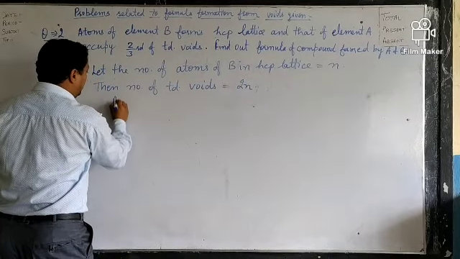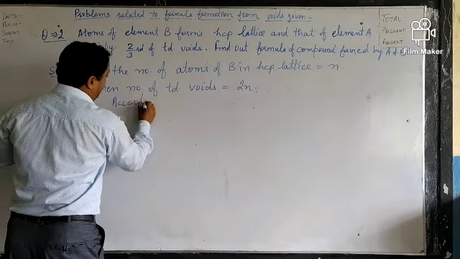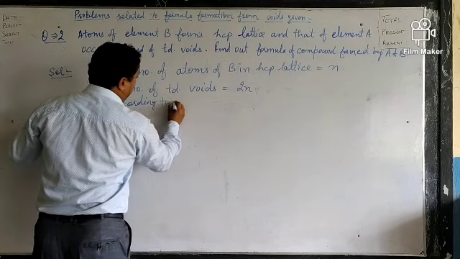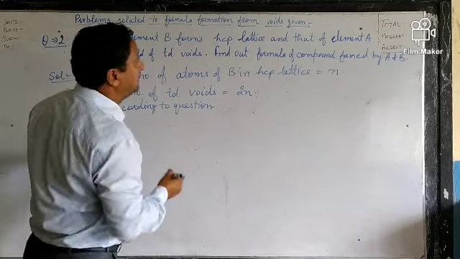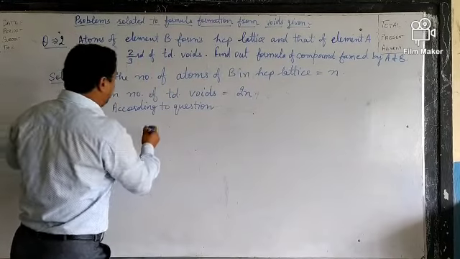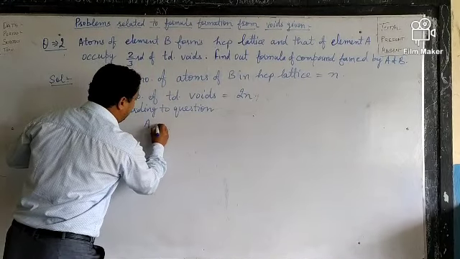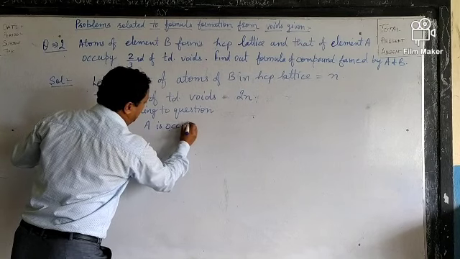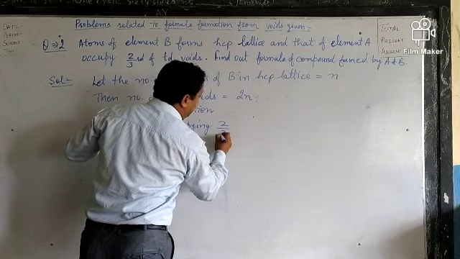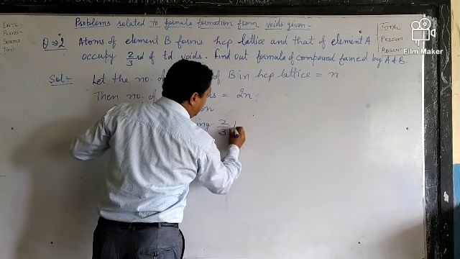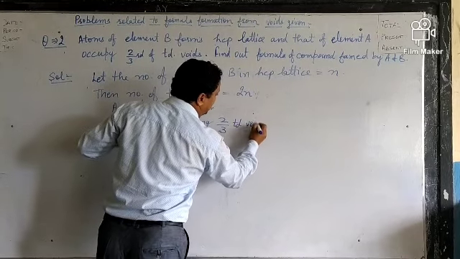Then according to the question, element A is occupying 2/3 of tetrahedral voids.